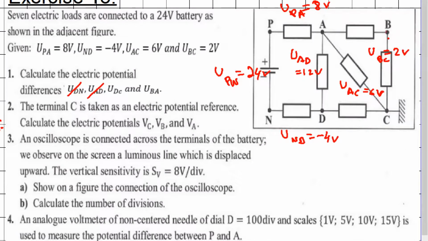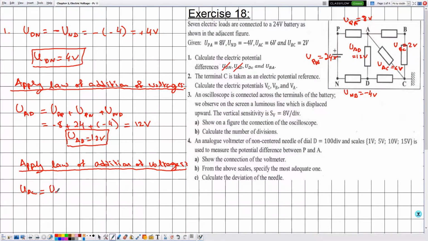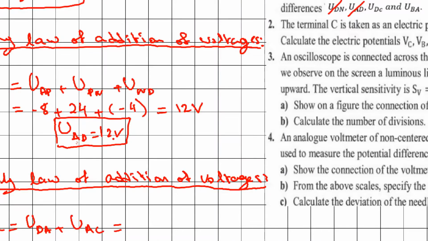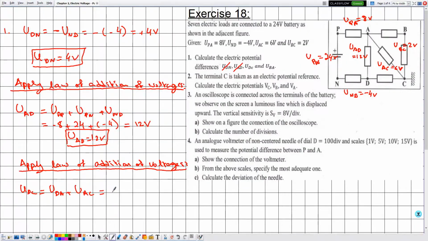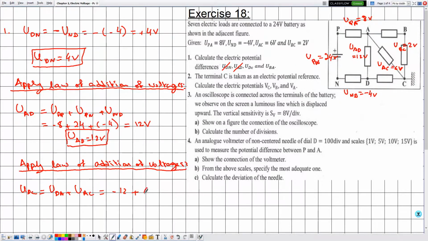Now here we have several ways to go from the point D to C. We can go from D to N, and to P, P to A back to C. Independent of the path followed, we will choose the shortest path, which is from D to A to C. So UDA plus UAC. Previously we have calculated UAD, which is 12, so UDA in this case is given by minus 12, plus UAC, the value of UAC is equal to 6 volts. So this will be given by minus 6.